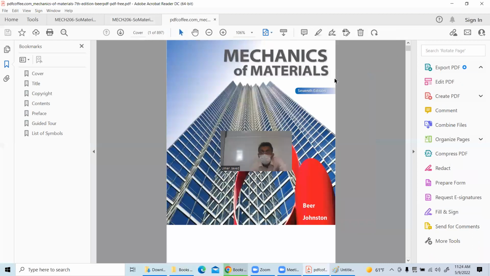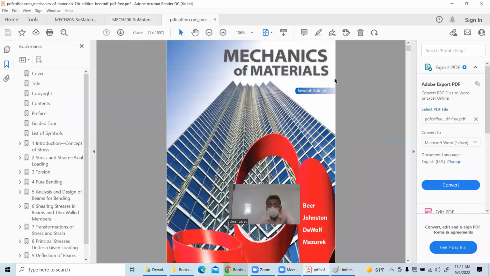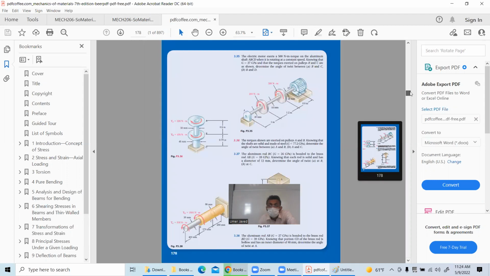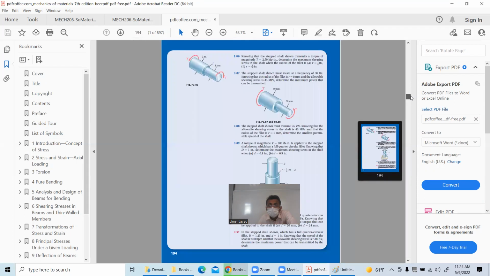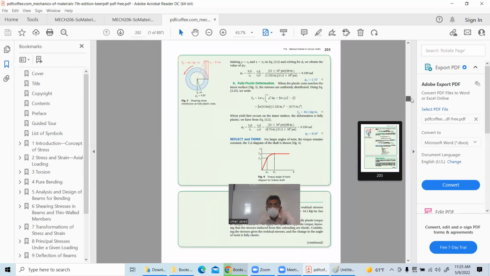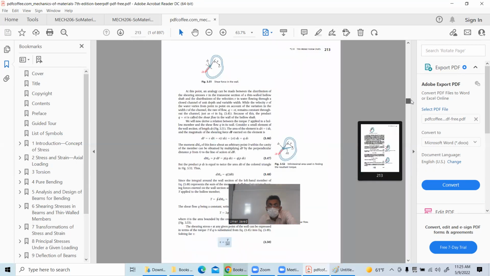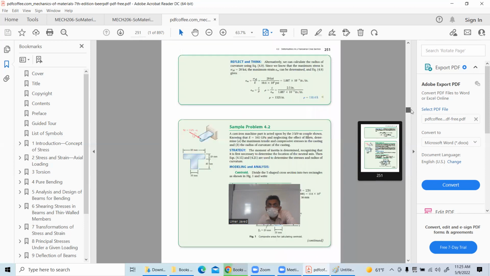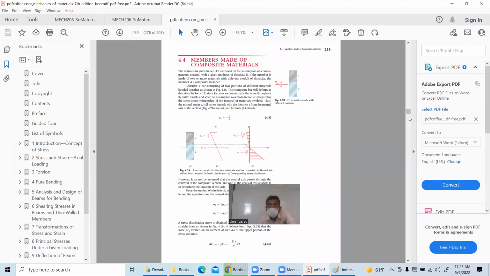So we have Mechanics of Materials by Beer and Johnston. What was the page? Do you know the page? It's 278. Okay.